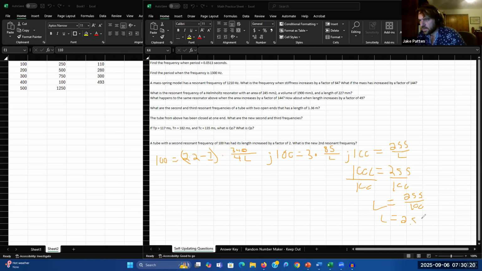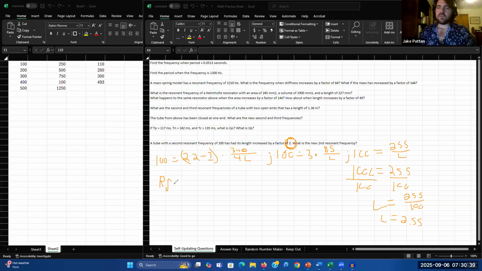But then you're not done. You have to take that 2.55 and multiply it by the factor of 2. So that means it's 5.1. Now your L is 5.1, and you have to find the new second resonant frequency.